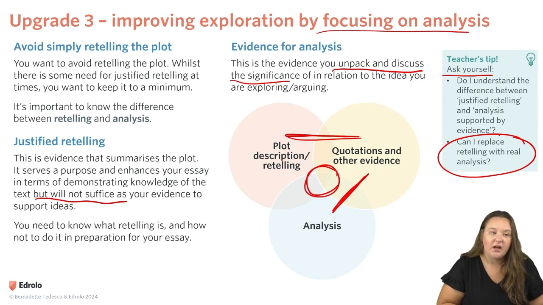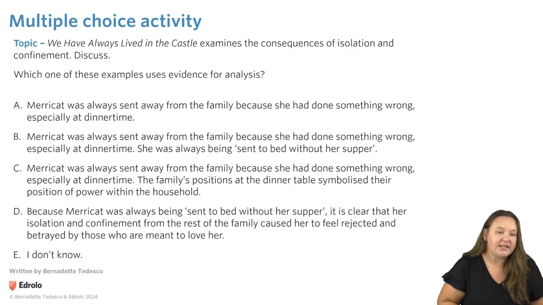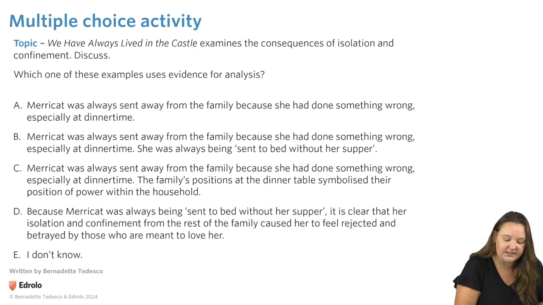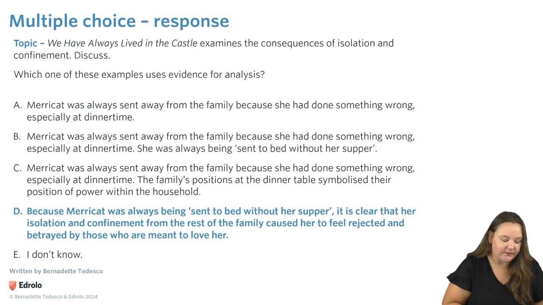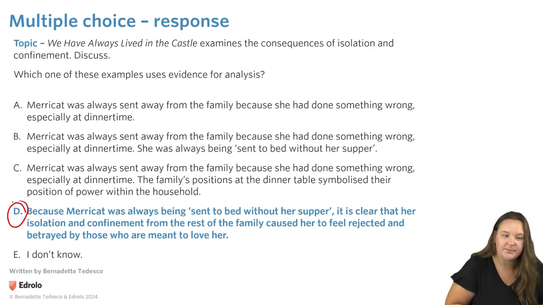So can I focus on the idea that the evidence is showing about society rather than just what happened in the novel? Please have a go at this activity. Which one of these examples uses evidence, so not for retell, but for analysis? Hopefully you were able to identify D as the correct response.